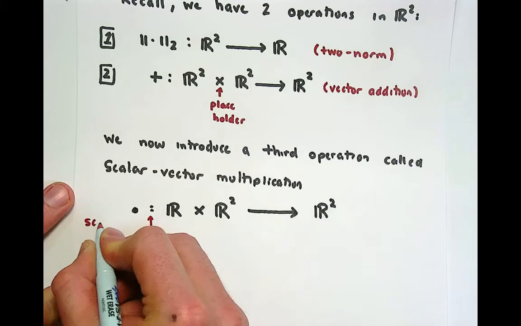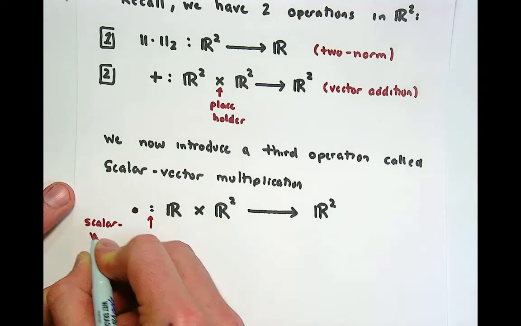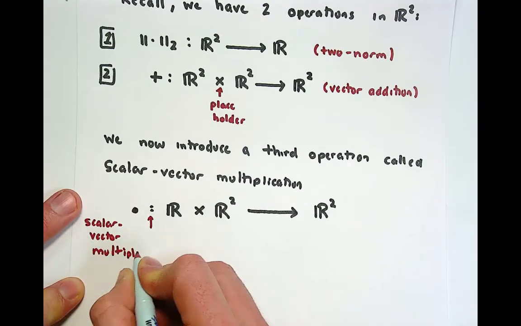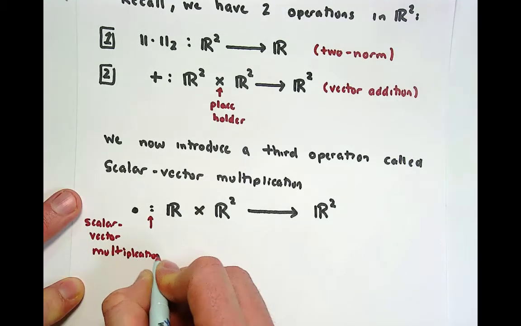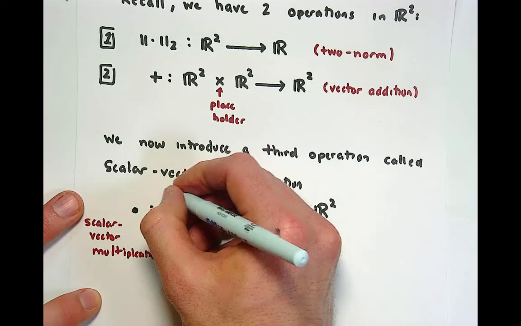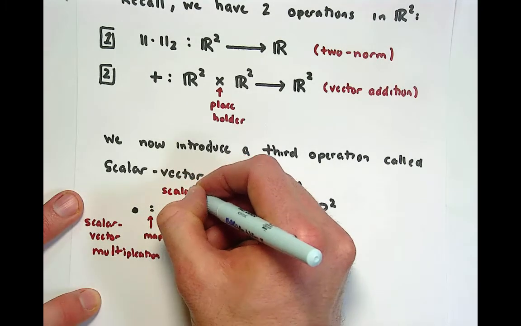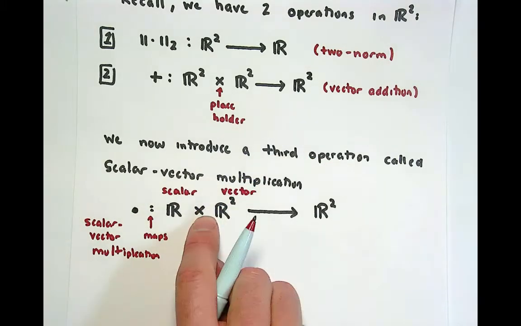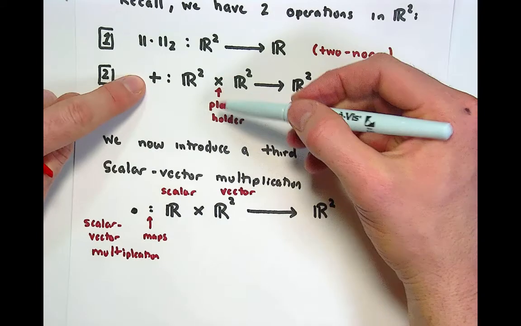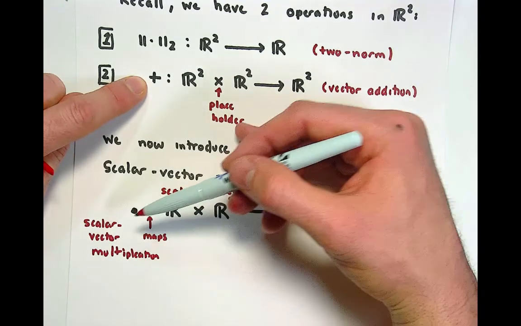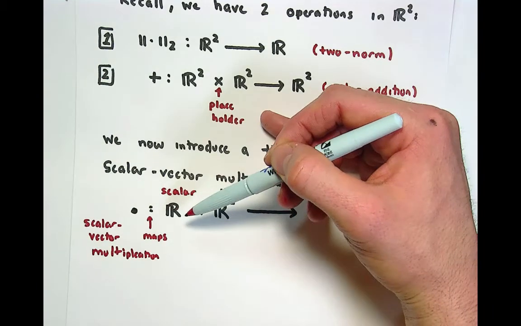So this thing right here is called the scalar vector multiplication dot. Scalar vector multiplication maps a scalar on the left, a vector on the right. Again, this is a placeholder. The nice thing about using an x is it doesn't matter what the name of the operation is, the pattern is the same.